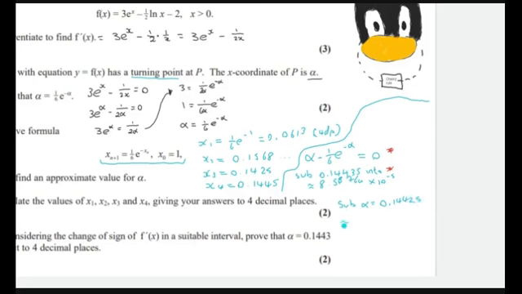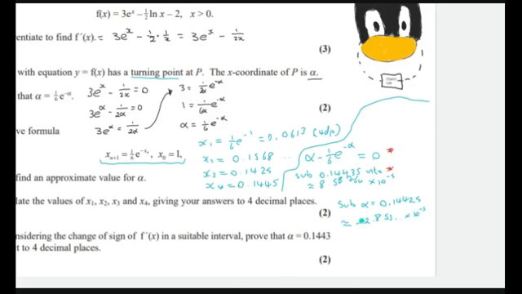And then that's going to give us, and that's going to give you minus 2.855... times 10 to the minus 5.